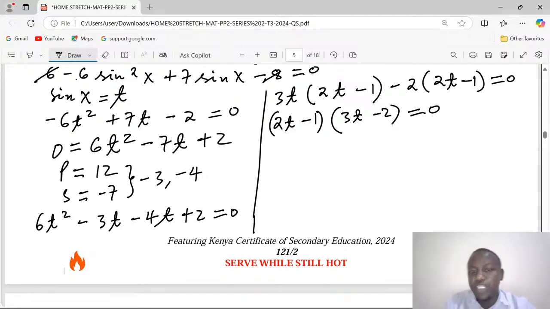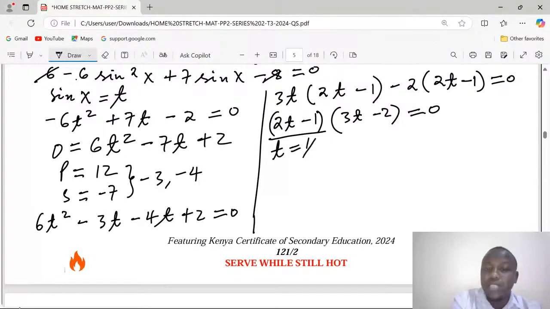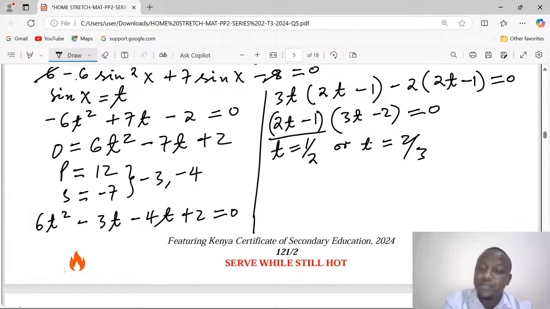So at this point now, we can say from the first factor, 2t equals 1. When we equate to 0, then 2t equals 1 and t becomes half, or 3t minus 2 equals 0. So 3t equals 2. The value of t becomes 2/3.